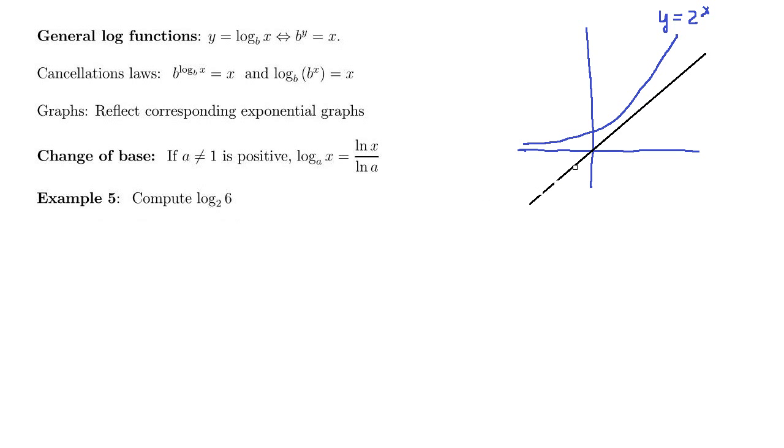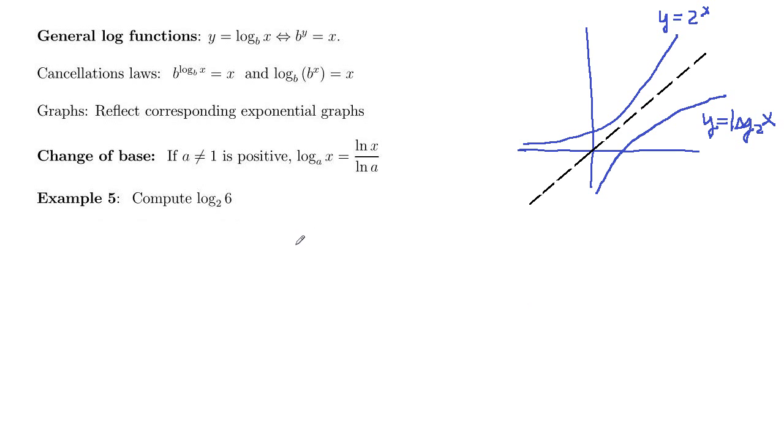And with that y equals x line, we would just reflect our exponential over to get the log graph. So if we reflect that over, we're going to get something like this. Maybe I've got that down a little bit too far. There we go. So that's y equals log base 2 of x.